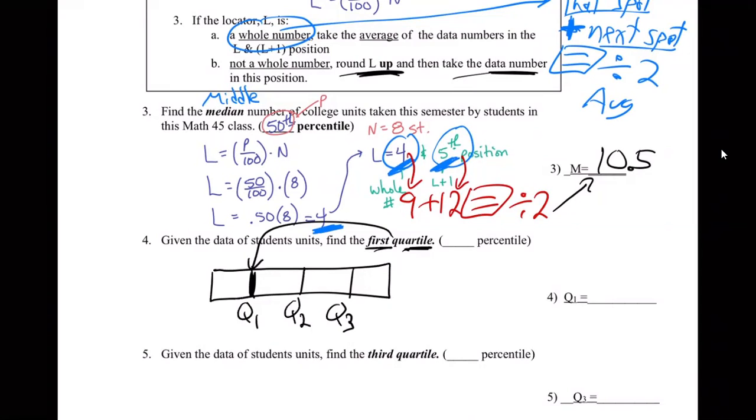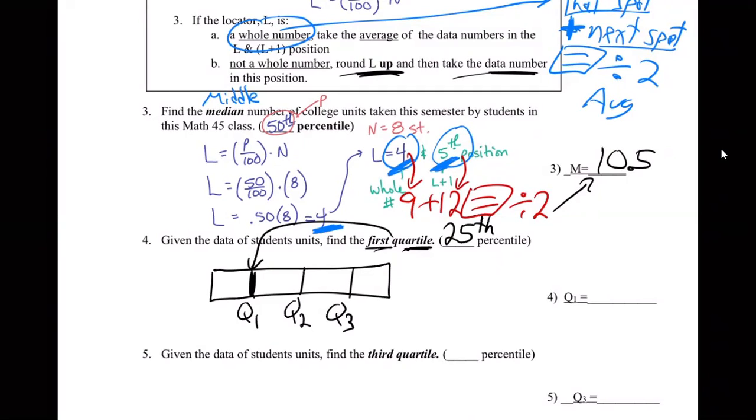So if you're at the end of the first quarter in a basketball game or a football game, what percentage of the game is over? 25%, yeah. So this is the 25th percentile.